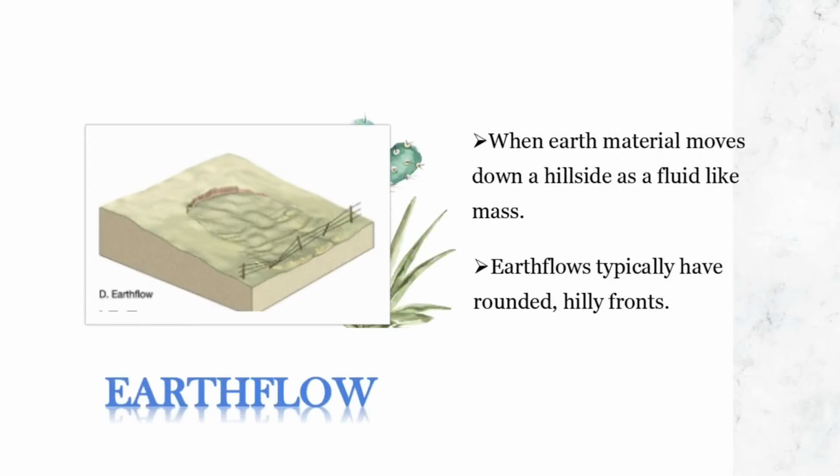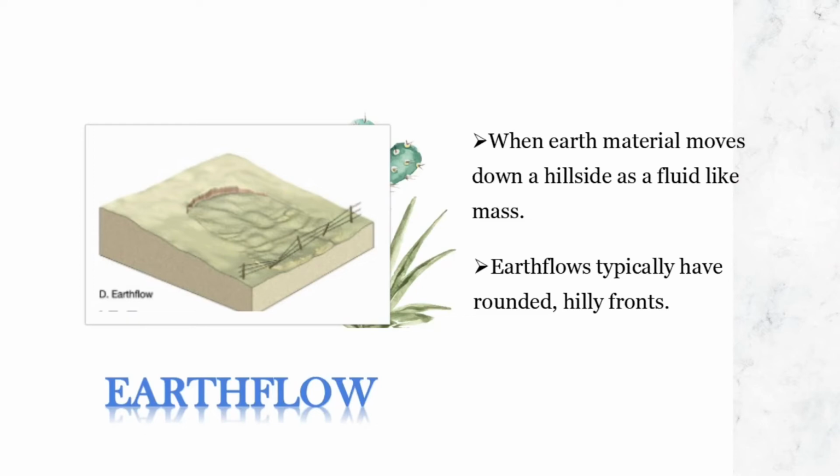Earth flow. It is called an earth flow when the earth material moves down a hillside as a fluid-like mass. This typically occurs in humid areas on steep slopes with thick, clay-rich soil that becomes saturated with water during storms.